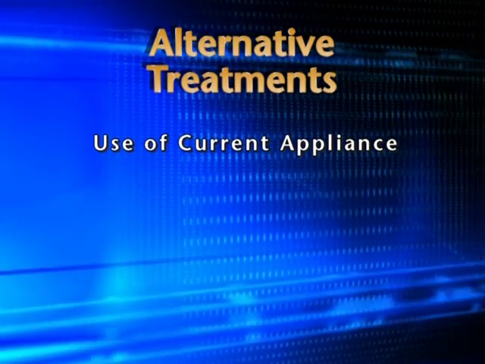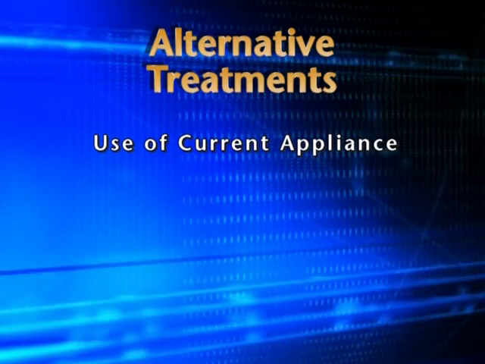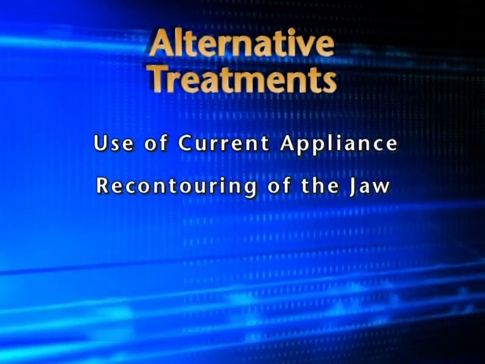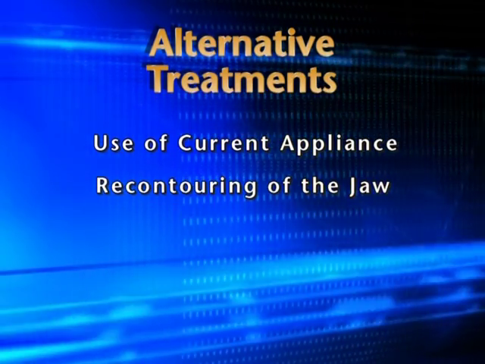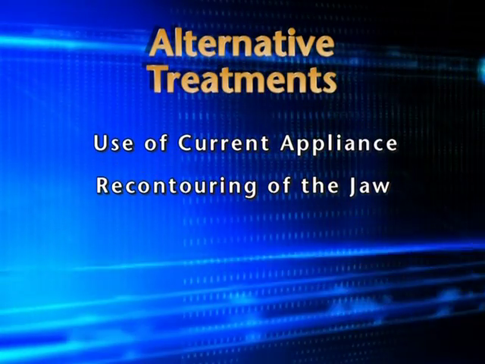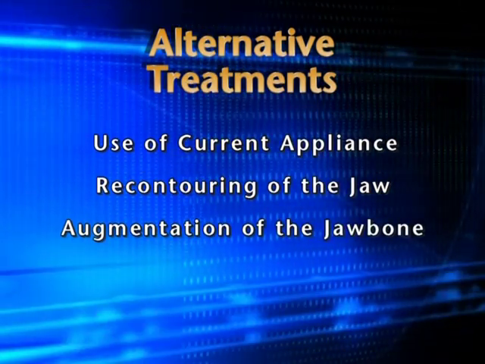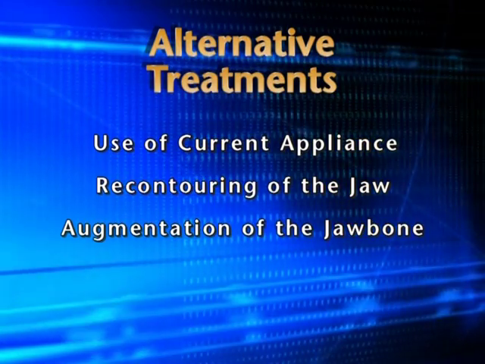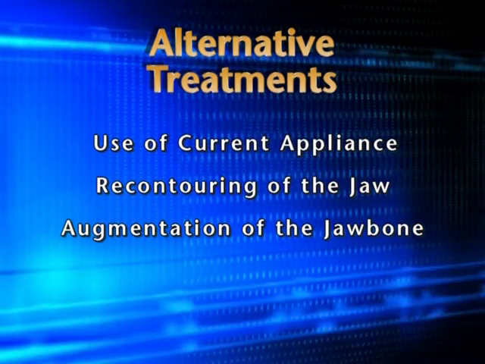Alternative treatments include continued use of the current dental appliance, recontouring the jaws through muscle repositioning or skin grafting, building up bone contour with natural or synthetic grafting, or other treatments, depending on your particular case.